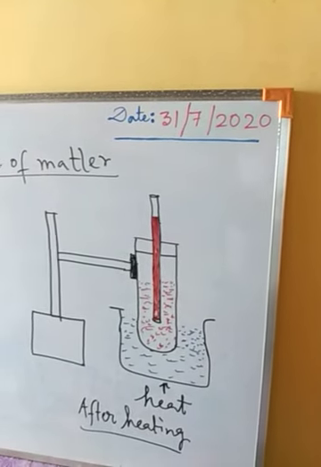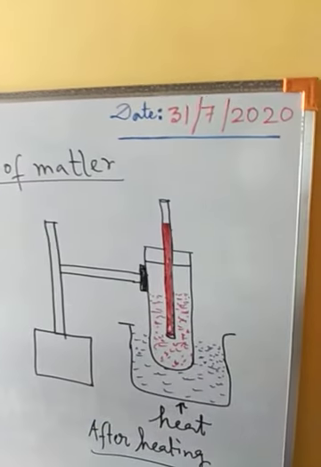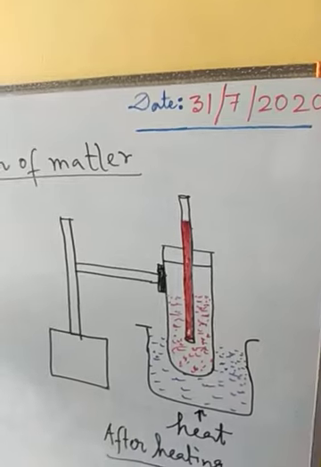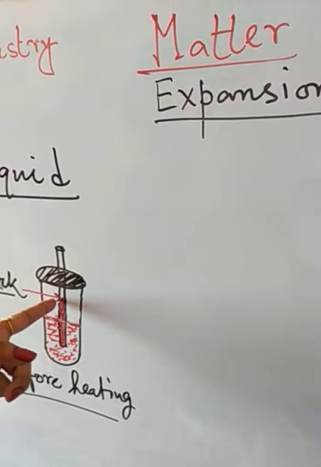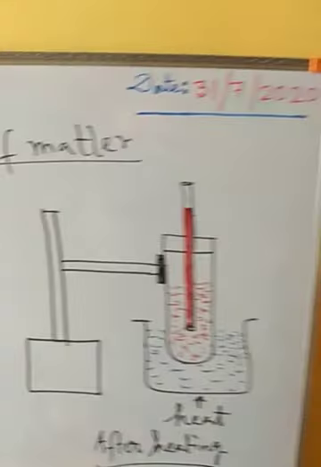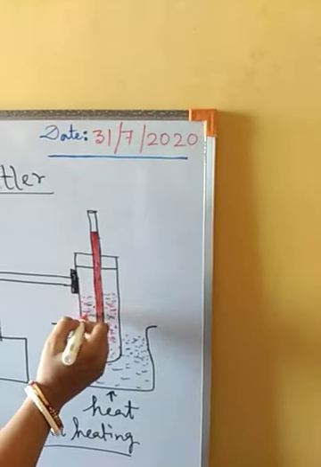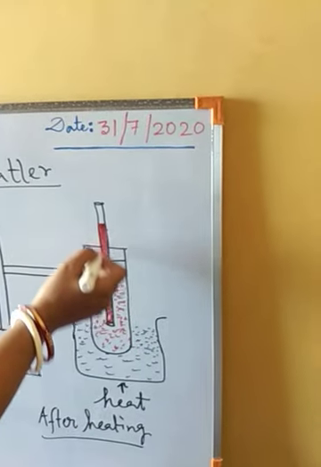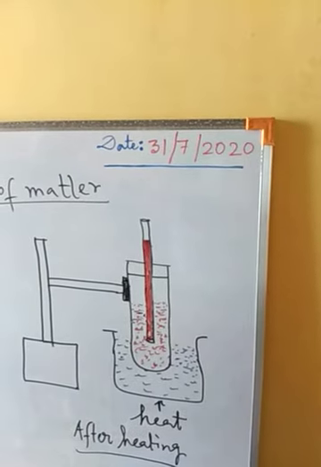So before heating, the level of the liquid inside the capillary was up to this. And after heating, when we heat the liquid inside the test tube through the water bath, the level of the red liquid inside the capillary will rise up to this. So you can see the difference.